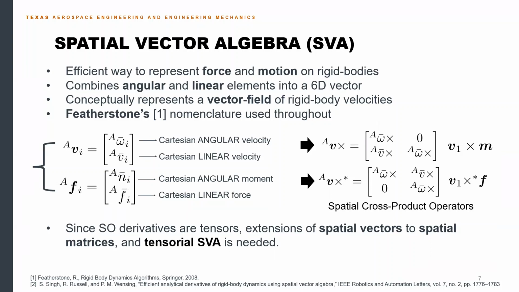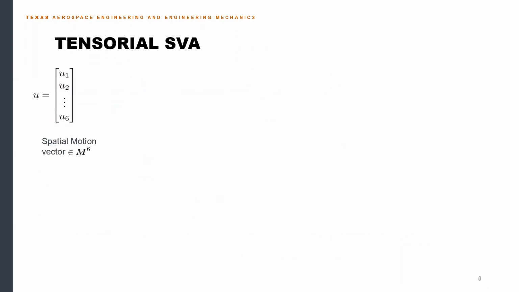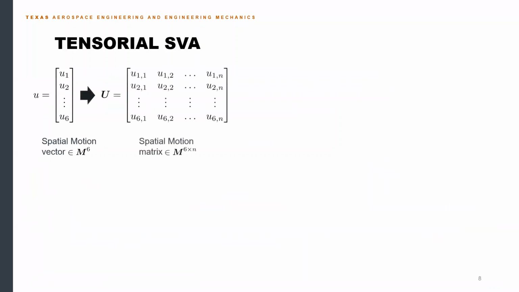Since second order derivatives are tensors, an extension of spatial vectors to matrices and tensorial SVA is needed. For this purpose, we first extend the representation of the spatial motion vector to that of a spatial motion matrix with dimension 6 by n. In this spatial matrix, each column is a conventional 6D spatial vector.